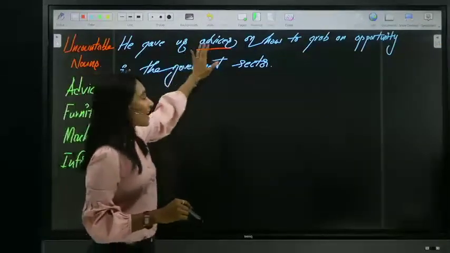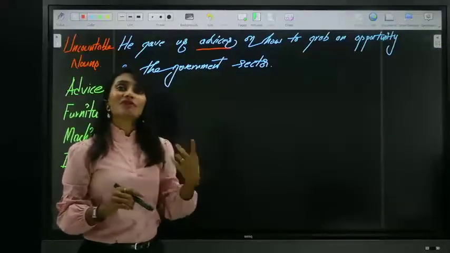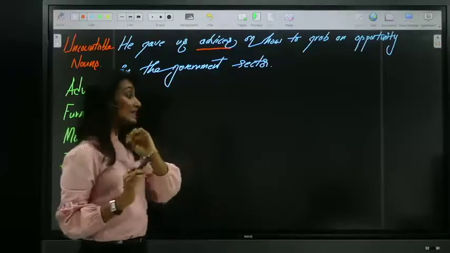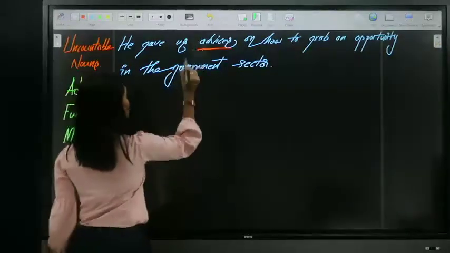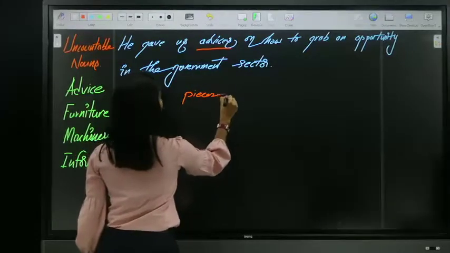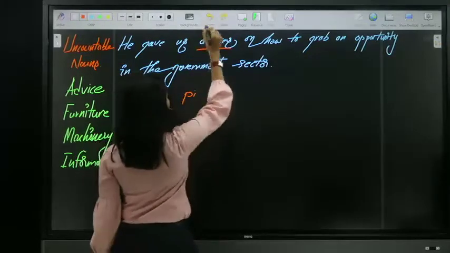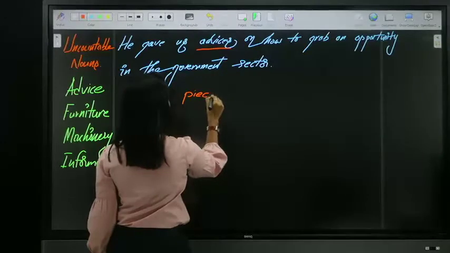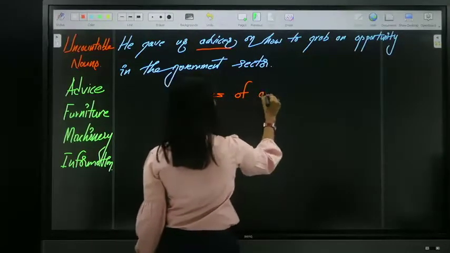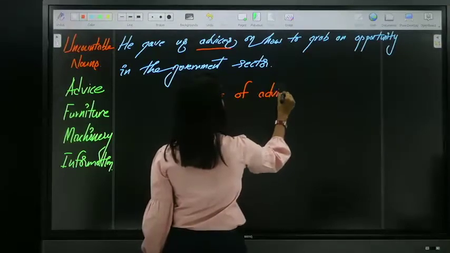"He gave us advices." That means he has given more than one, right? That is what you wanted to communicate. In such a sense, we have to write it like "pieces of advice."